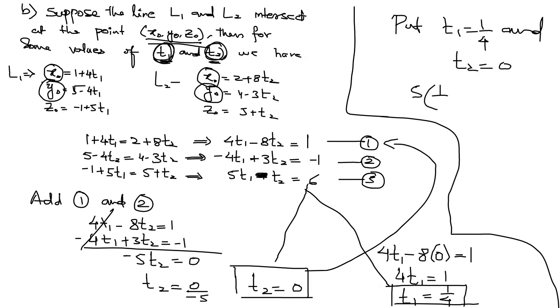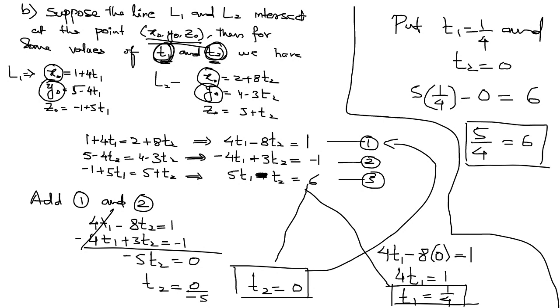So you will get 5 times 1 divided by 4 minus 0 is equal to 6. 5 divided by 4 is equal to 6? Is this possible? Not possible.